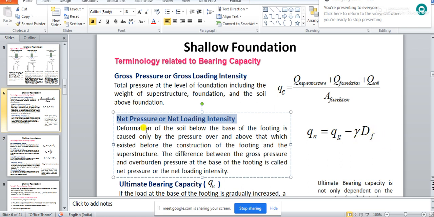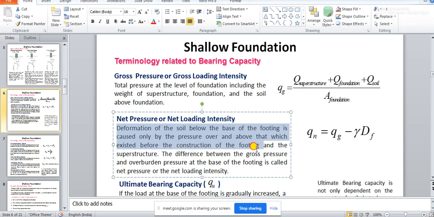So definition wise, net pressure or net loading intensity: deformation of the soil below the base of the footing is caused only by pressure over and above that which existed before the construction of the footing. This you should be very clear about. Soil was there. When you construct a foundation, you dig the soil, and then inside that dug up place you put the foundation and fill it up with the soil again.